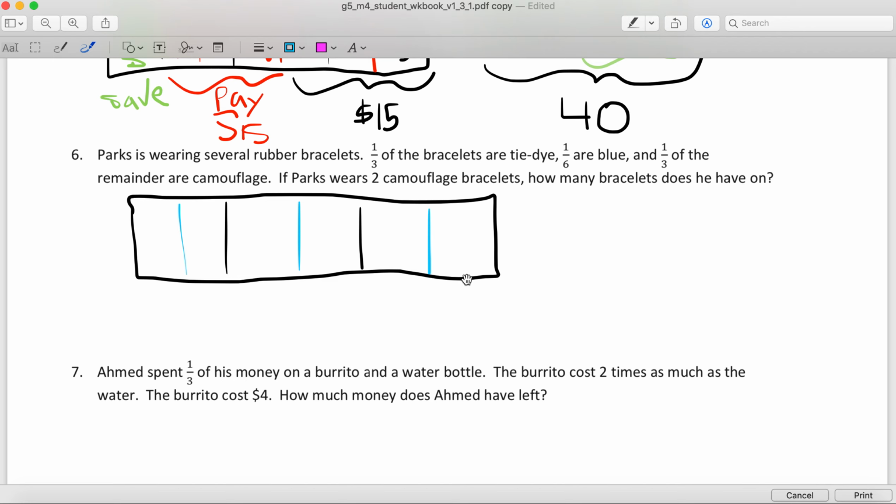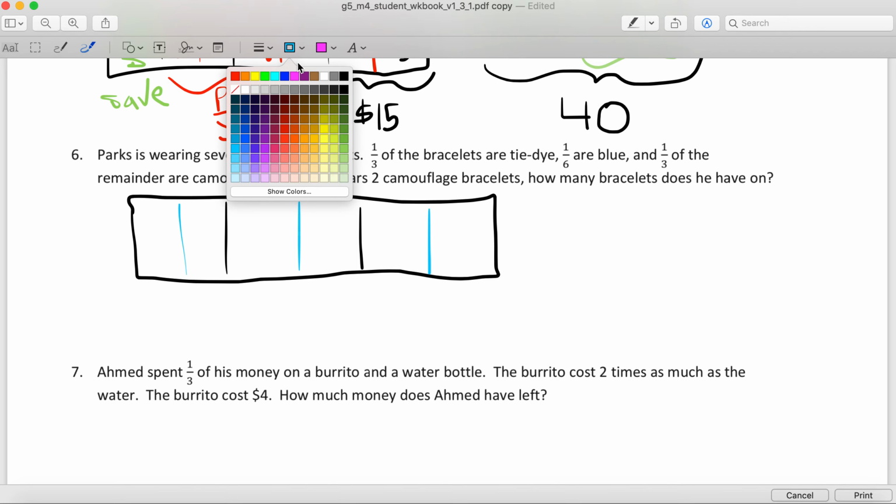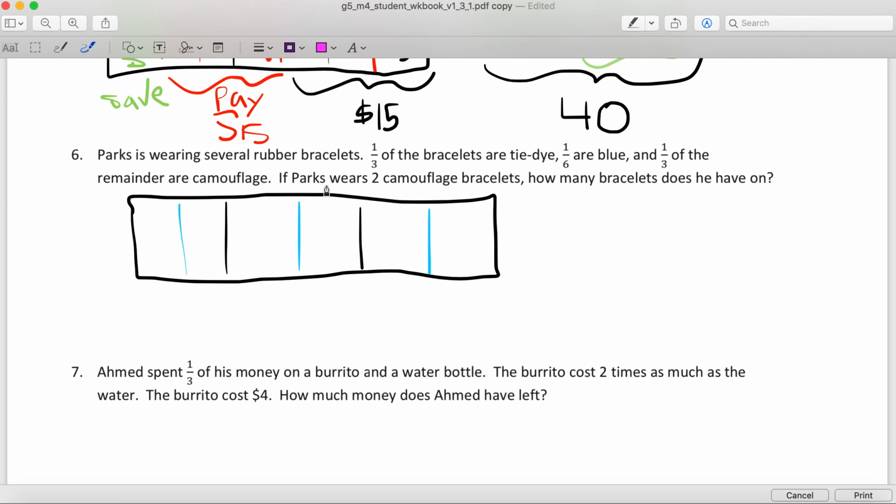Now how much do I have? 1, 2, 3, 4, 5, 6. One third are tie dye. Look at the black lines here. The black lines represent thirds.